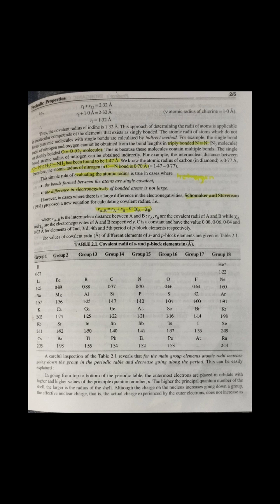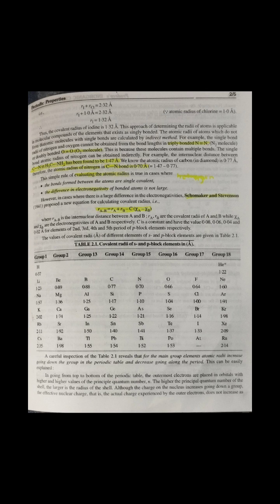The values of covalent radii in angstrom of different elements of the s and p block are given in table 2.1. A careful inspection of table 2.1 reveals that for the main group elements, atomic radii increase going down the group in the periodic table and decrease going across the period.